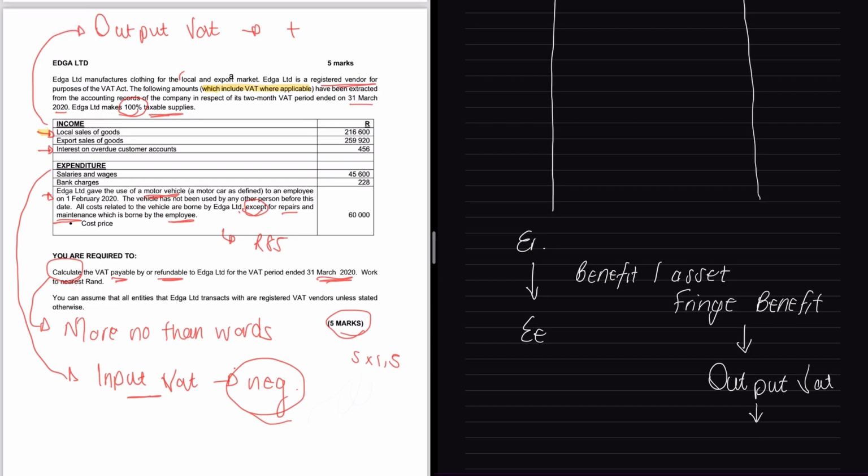Another thing we said before about taxable supplies being at 100%, it could possibly be apportioned depending on our percentage of taxable supplies. Output VAT again on a fringe benefit. Another nice thing to remember for theory questions, it is a deemed supply.